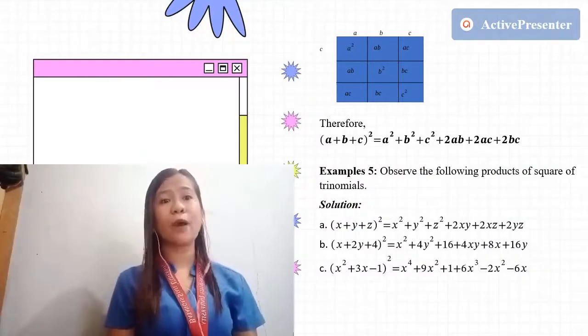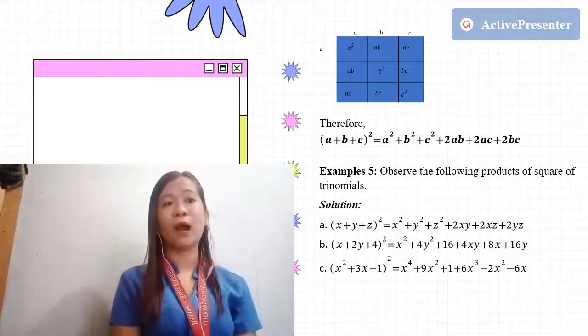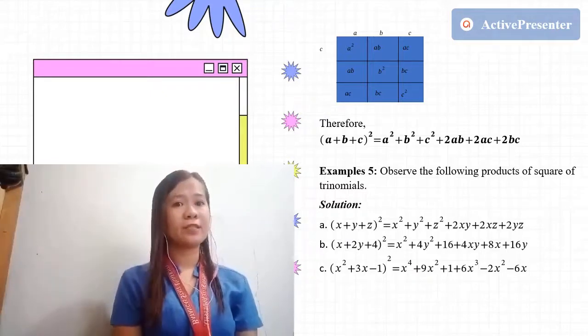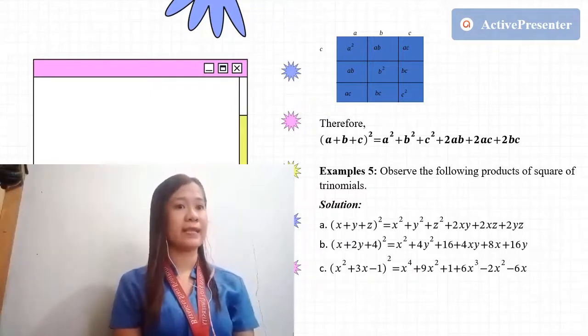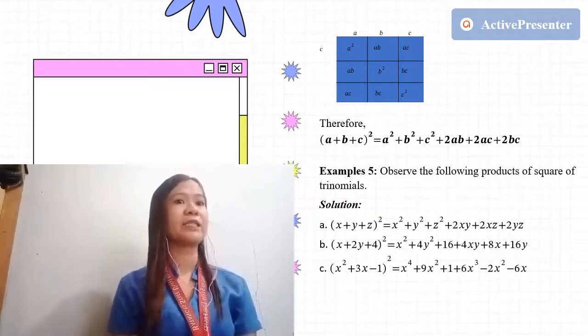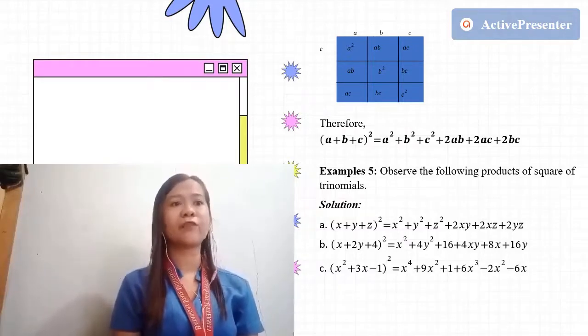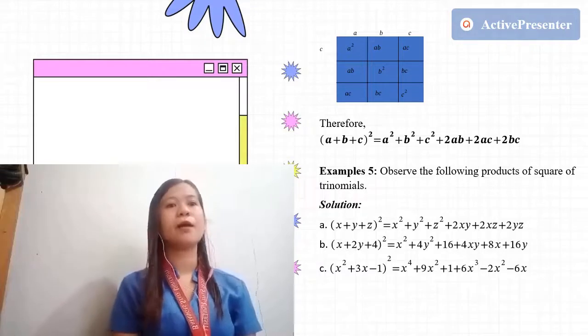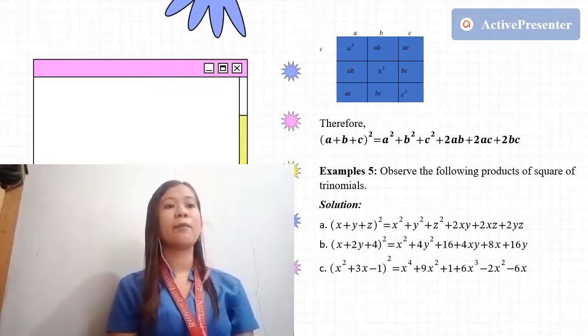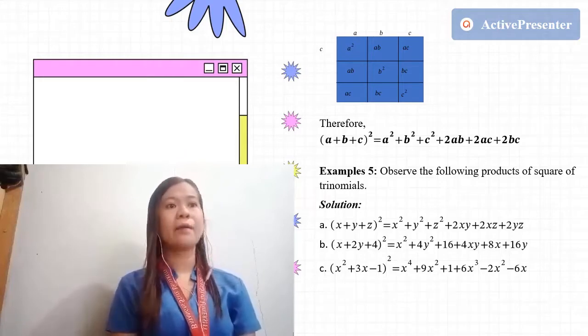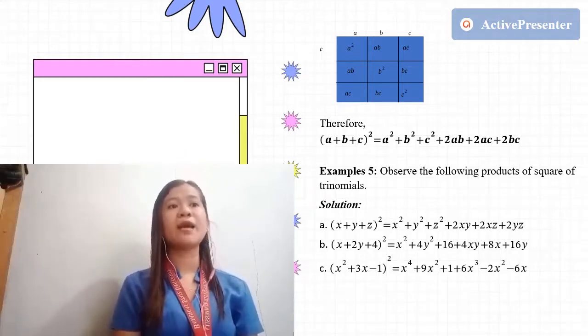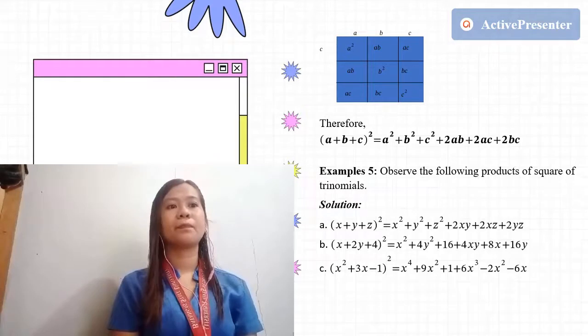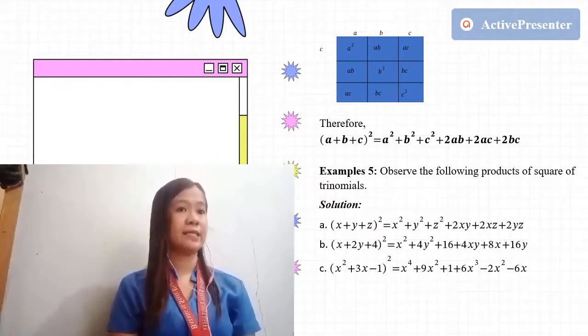So the first one that we have is x plus y plus z squared. So trinomial x plus y plus z. So we can simplify this square of a trinomial. We have x squared plus y squared plus z squared plus 2xy plus 2yz plus 2xz.